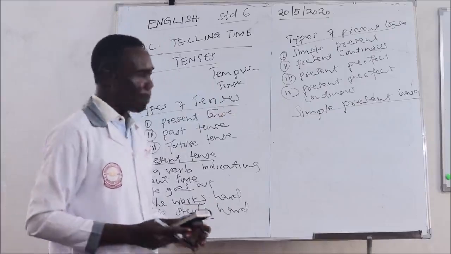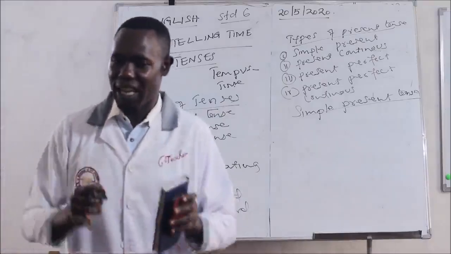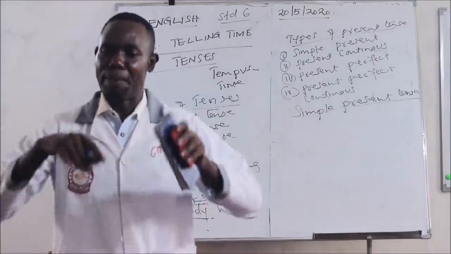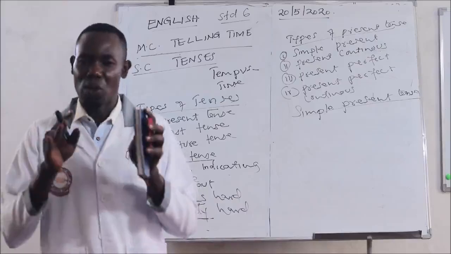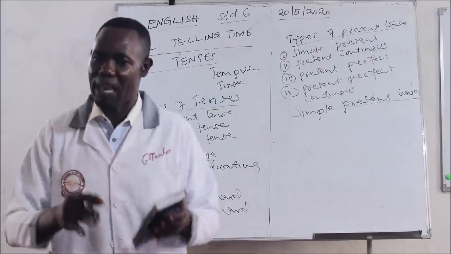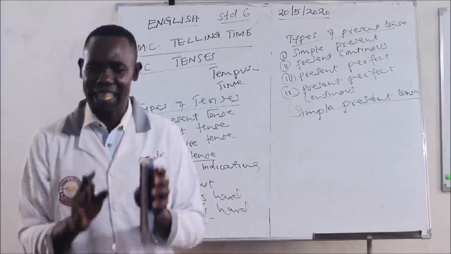Present perfect tense is used to describe an action that has been done and completed in present time. Something that you are doing, but all of a sudden you have happened to finish it within the present time, not in the past, not in the future, but in the present time.